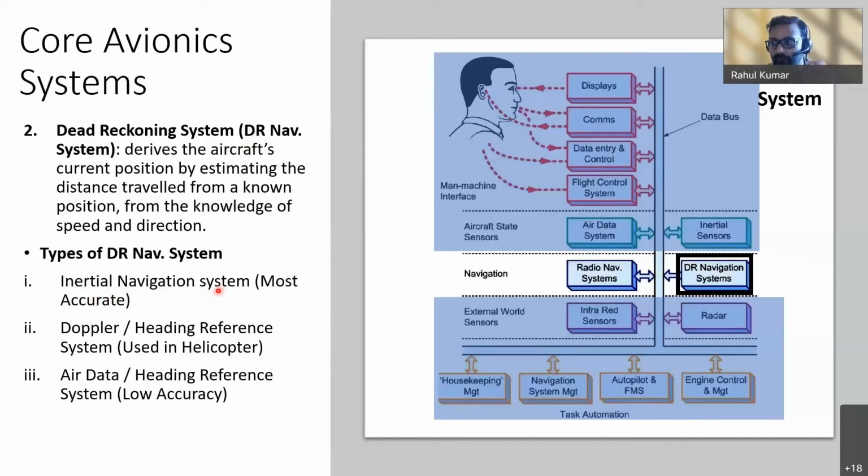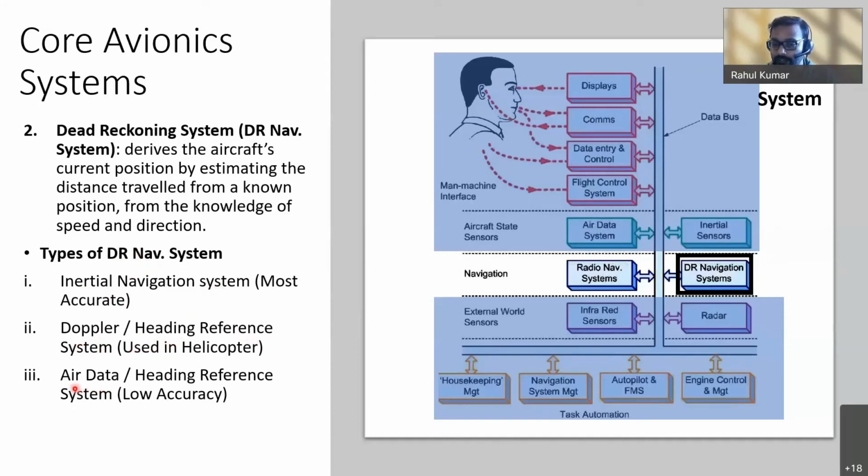So with the help of some sensors, basically a gyroscope and accelerometer, you can estimate or find the location of your aircraft. The second type of DR navigation is your Doppler or heading reference system, which is usually used in helicopters.